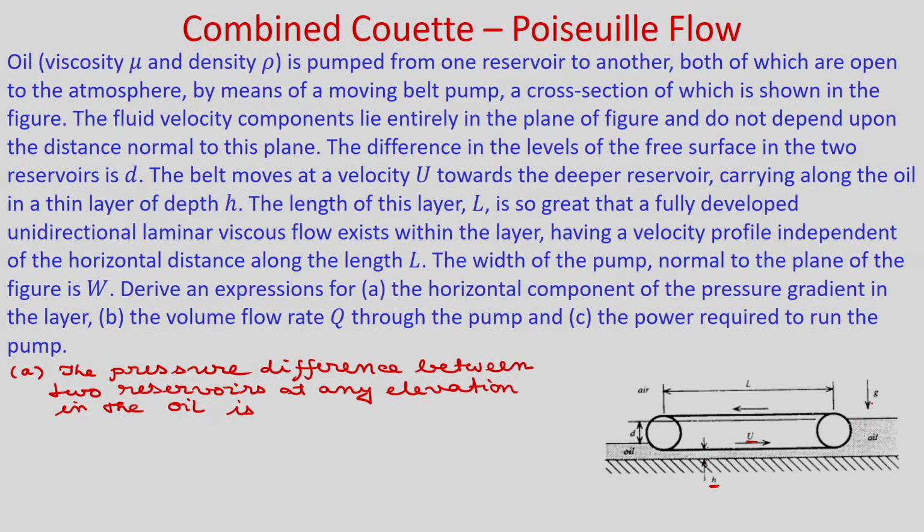So, it will be rho into g into the difference between two layers, which is d, small d. So, obviously, you can see the pressure gradient del p by del x is equal to rho g d and the length is L. So, rho g d by L. So, this is the constant pressure gradient.